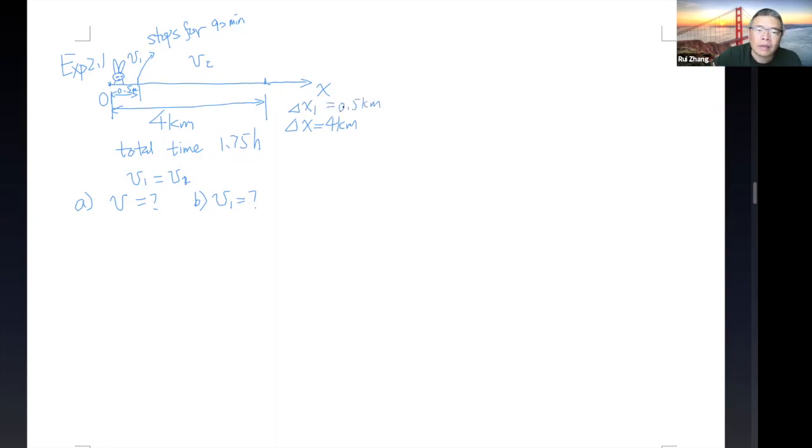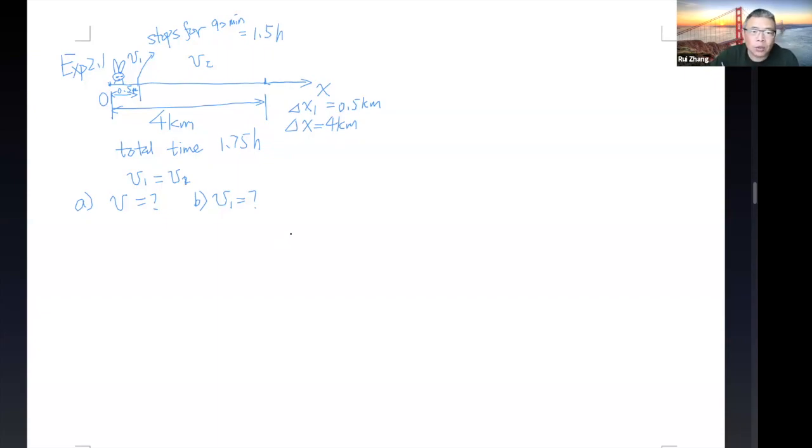You also notice the time has different units for these two, so you need to decide which unit to use. It seems convenient to use kilometers and hours, so you can convert 90 minutes to hours. It's 1.5 hours, because 60 minutes is 1 hour.